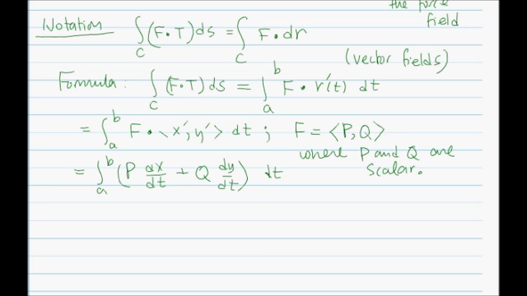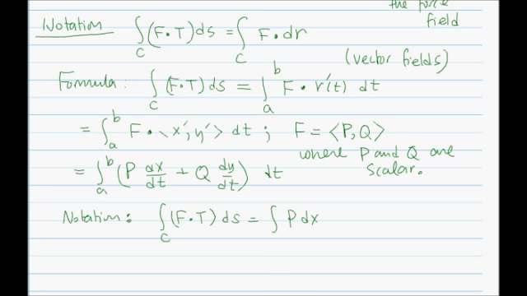But here they wanted to introduce another notation because they see this dt cancellation. So here's the notation. We cancel this dt, and we're going to write this line integral of a vector field as a line integral of P dx, where after you cancel this dt, there's no t in there.